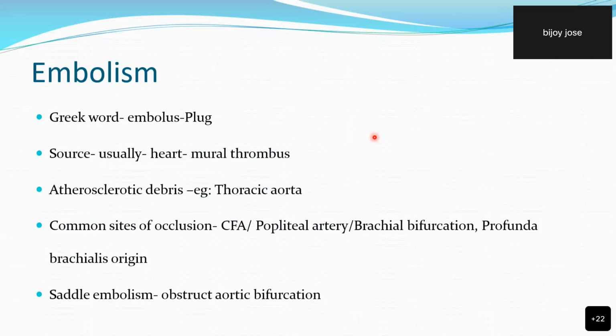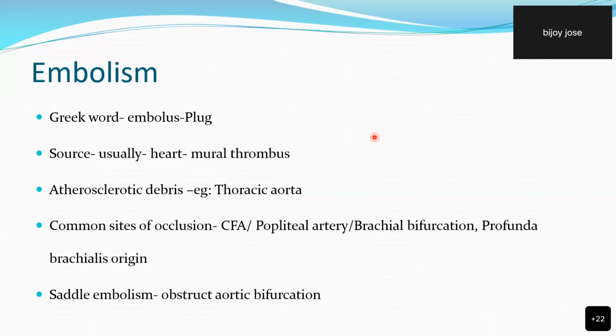Atherosclerotic debris, especially from a very craggy thoracic or abdominal aorta, from those major high flow vessels can lead to embolism. Common sites of occlusion are the common femoral artery bifurcation, popliteal artery trifurcation, brachial bifurcation, and profunda brachii origin. These are the major sites of embolic occlusions.